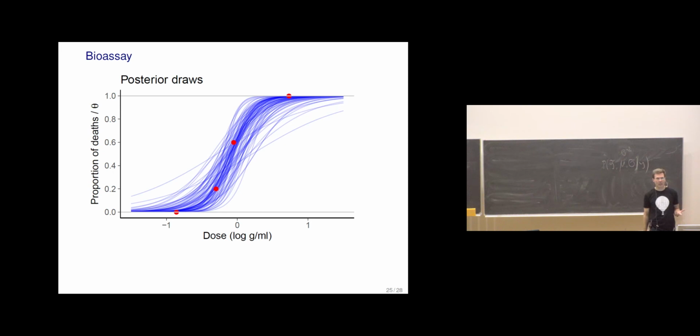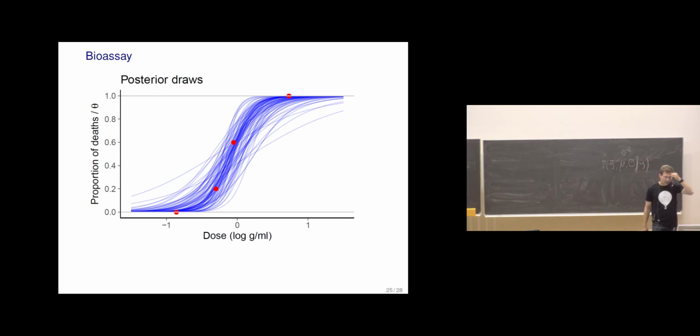You can see there are more blue lines which go close to all of these red dot observations, but there are also some which go a bit further. But since the blue line is giving just the expected proportion of deaths, it's still possible that we see fewer or more than we expected. There's always some randomness in these processes.